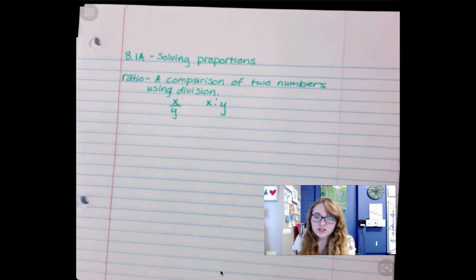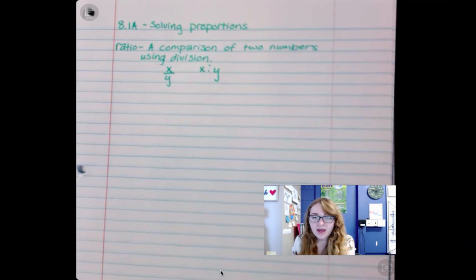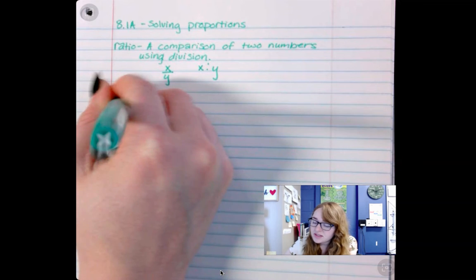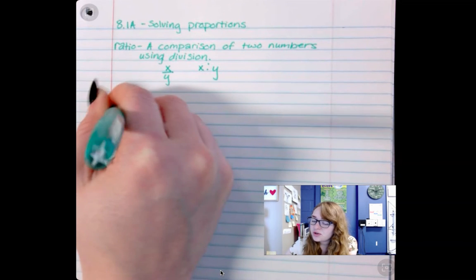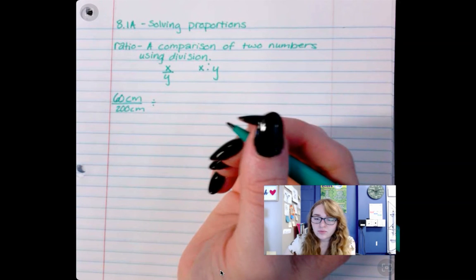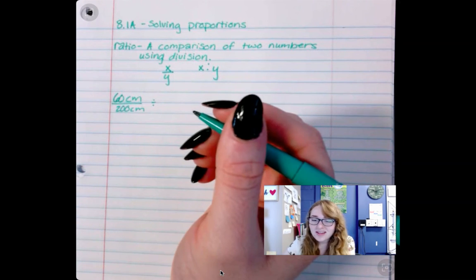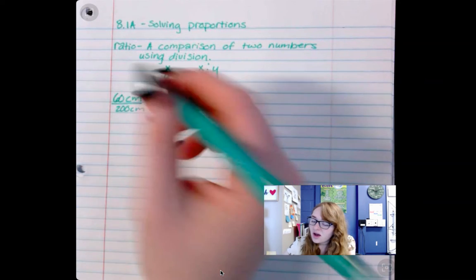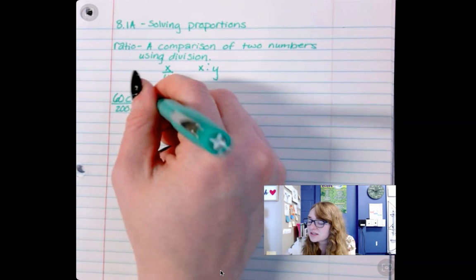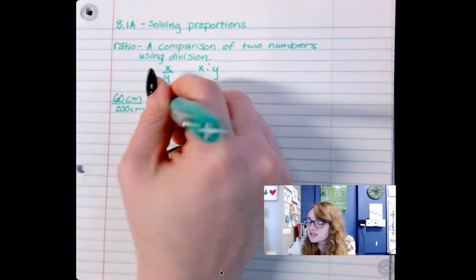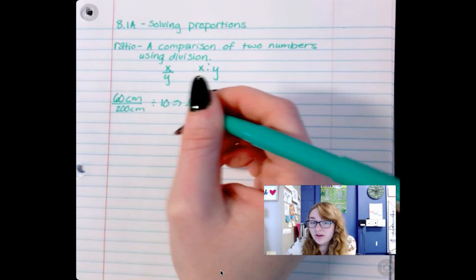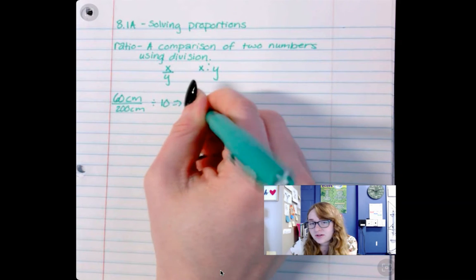With a ratio, a problem that we might have to do is simplifying a ratio. If I give you the ratio of 60 centimeters to 200 centimeters, and we want to reduce that, we're going to have to find the greatest common factor between them and then divide out by it. I'll start with something simple. Both of these end in a 0, so we can simplify by 10. 60 divided by 10 gives us 6 centimeters, and 200 divided by 10 gives us 20 centimeters.